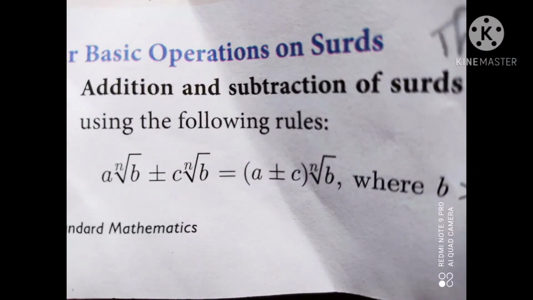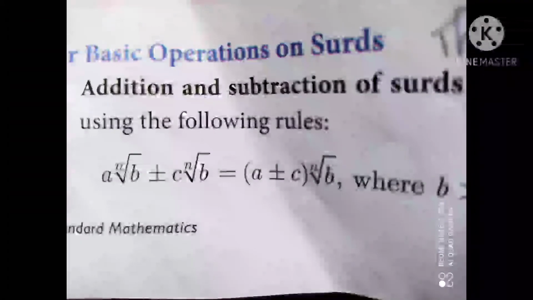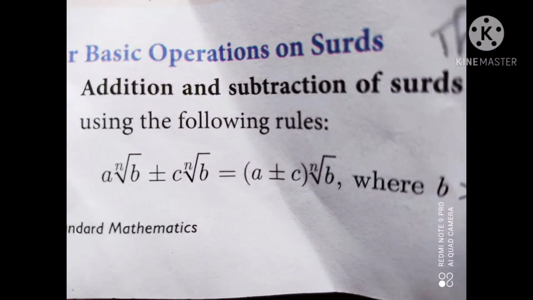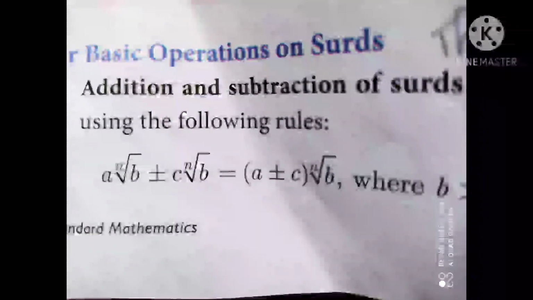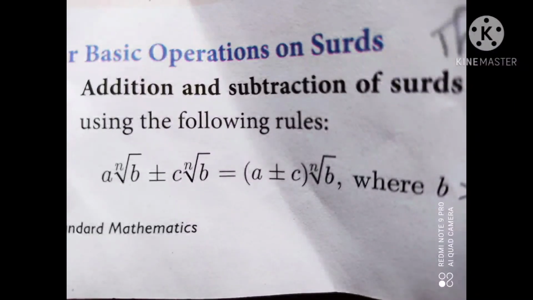Like surds can be added and subtracted using the rule: a into nth root of b plus or minus c into nth root of b is equal to a plus or minus c into nth root of b. We take the common surd outside. So a plus or minus c into nth root of b.